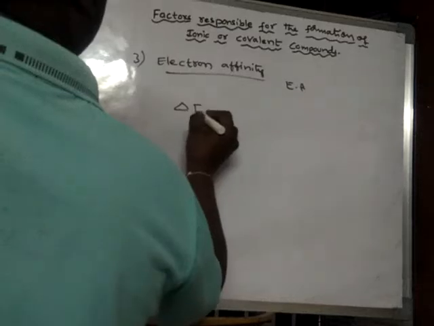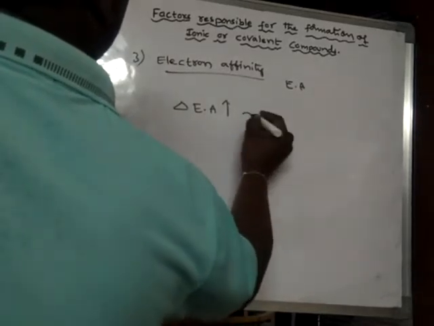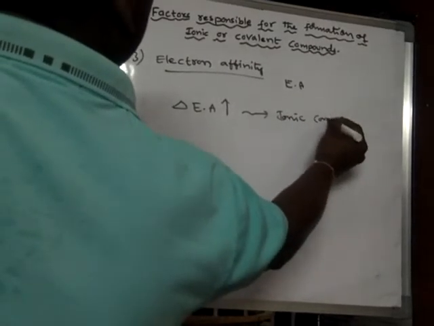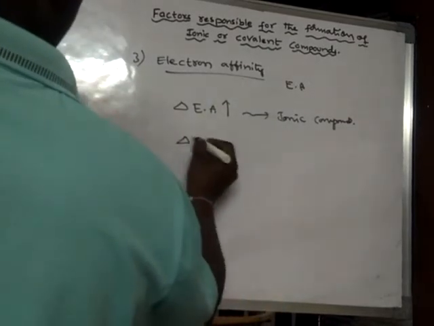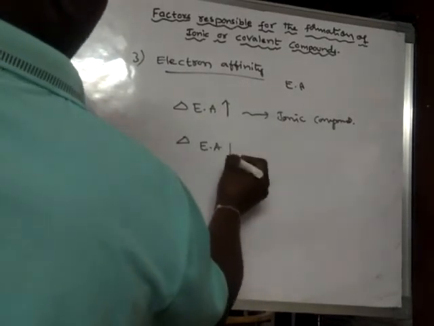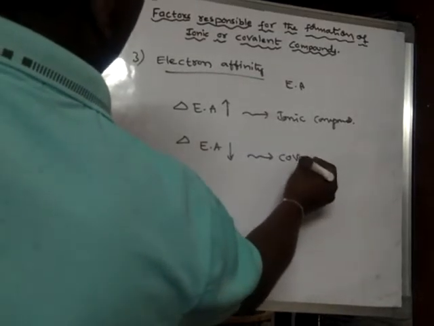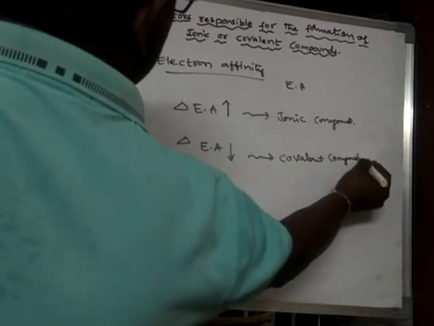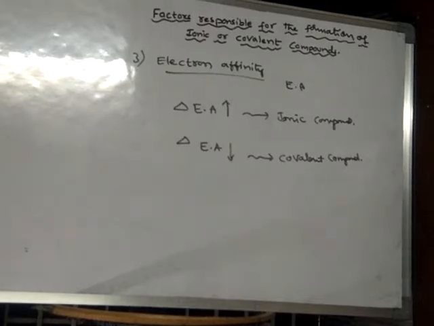If the difference in electron affinity is great, so then what happens? It leads to the formation of ionic compound. Ionic compound is formed. If the difference in electron affinity of the two atoms is small, then covalent compound is formed. Those two atoms will form a covalent compound.